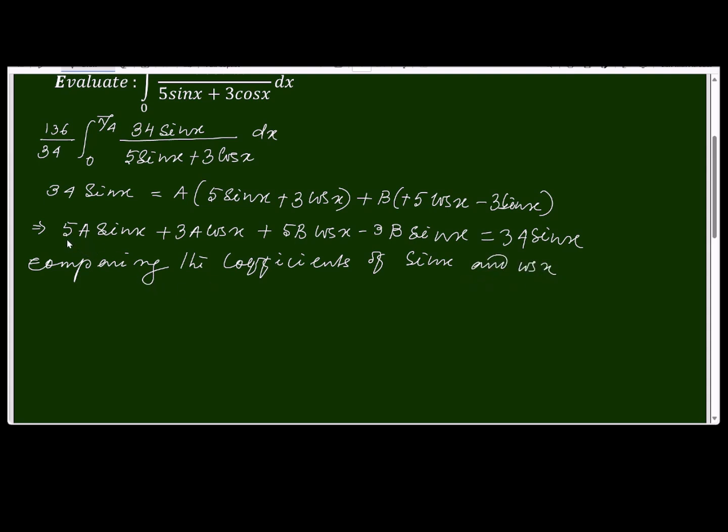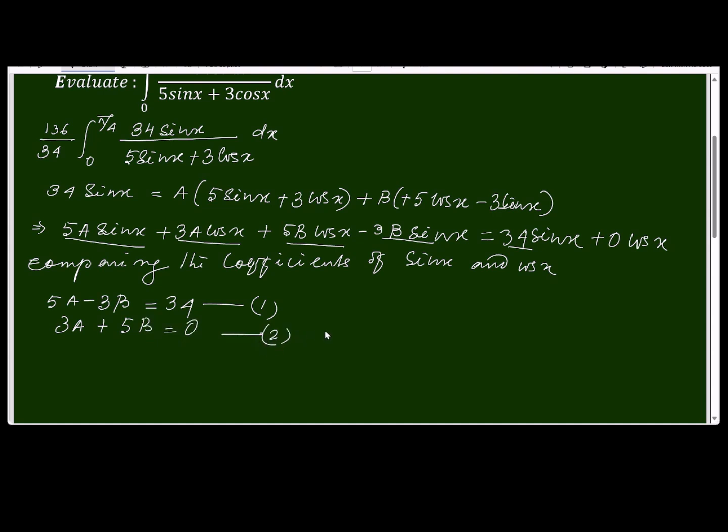On the left side, I'm getting sin x and sin x, so 5a minus 3b, and on the right side, the coefficient of sin x is 34. So this is equation 1. And second is cos x. Here there is no cos x, so I'll imagine it is 0 cos x. So 3a plus 5b equals 0. Now we'll solve these two equations.